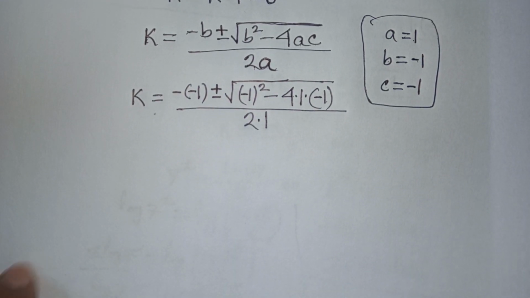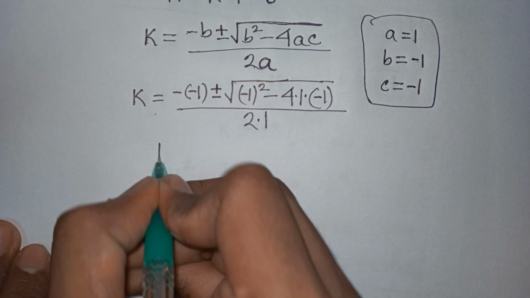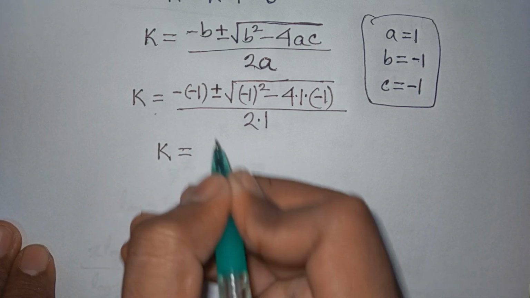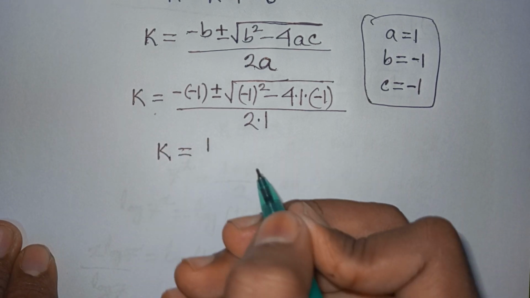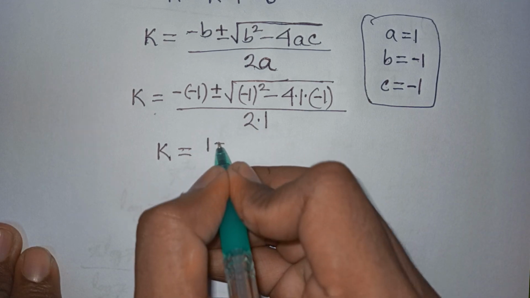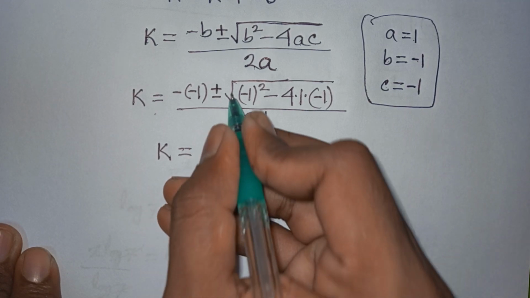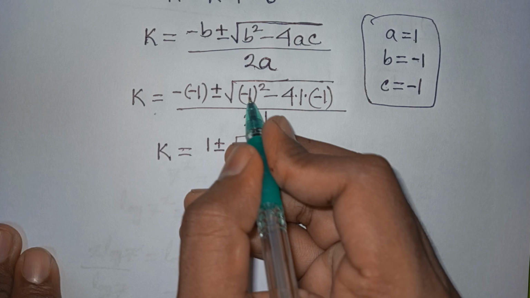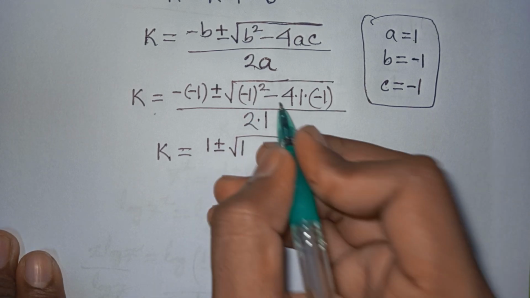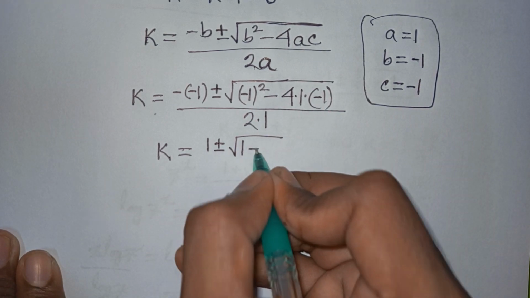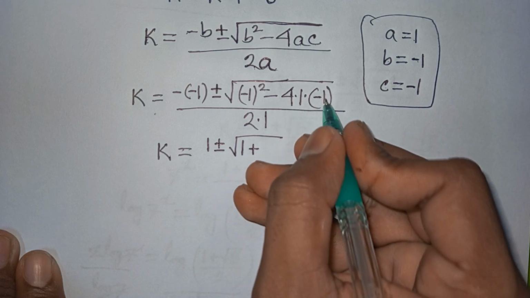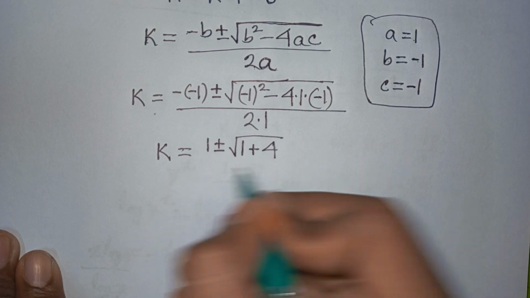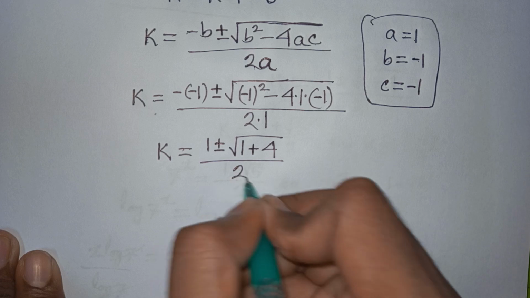In the next step, k is equal to minus times negative 1, so it will be positive 1, then plus or minus a square root of negative 1 bracket square, so it will be plus 1, minus times minus, so it will be plus, 4 times 1 times 1, that means 4, divided by 2 times 1, that means 2.